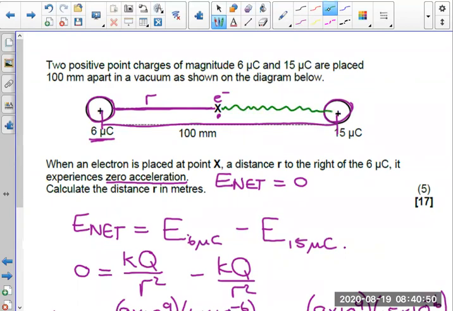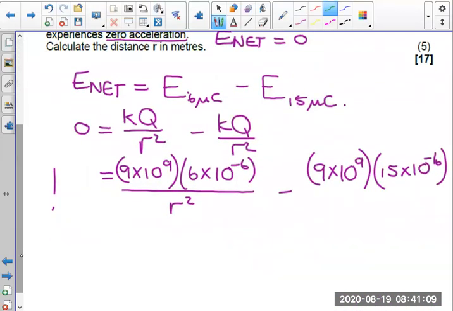This part is going to be 100 millimeters, which, let's divide it quickly by 1,000, is going to be 0.1 minus R. That's the distance for the green part, and that's what I need to substitute in here. 0.1 minus R, and the whole thing to the power of 2. So you must be careful, and that's how we work out R. Remember, E net is still 0.